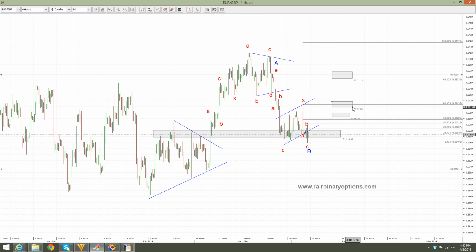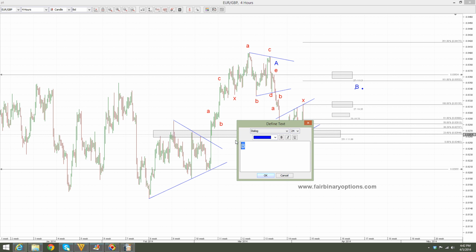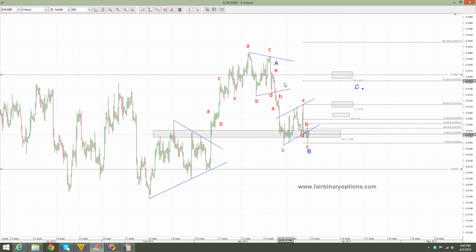What I'm trying to say is that 83.8313 should be there, should hold for should come, and the C wave should end around here, around this level. But again, in a move that should take quite some time. So this is A, the B, and the C, D, E, and then to look to the downside.